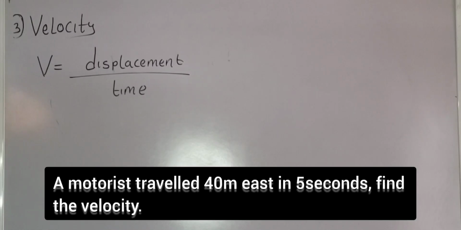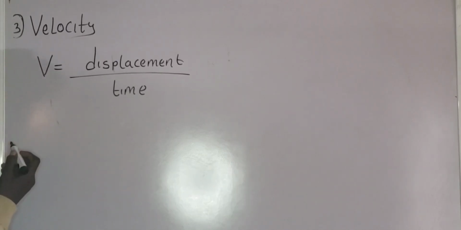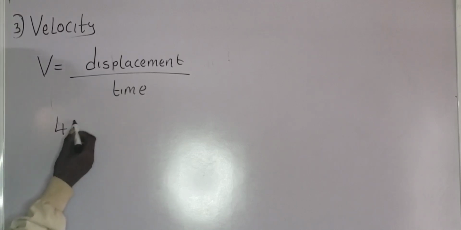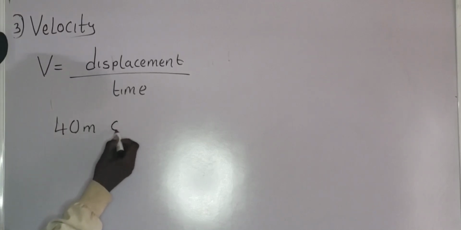Now let us have some worked example on velocity. A motorist travels 40 meters east in 5 seconds. Find its velocity. Okay, let's start by stating all the parameters that were given in the question. The motorist traveled 40 meters east.